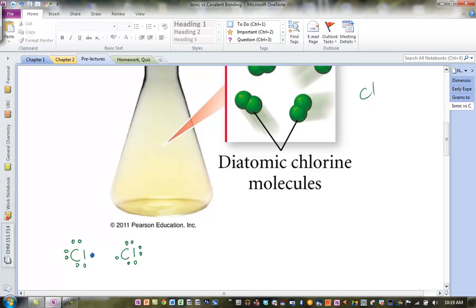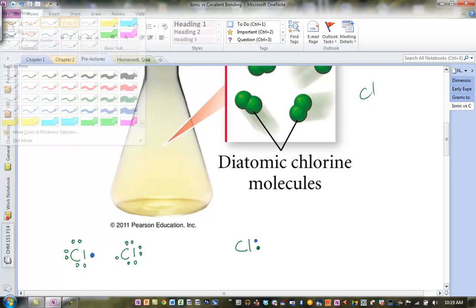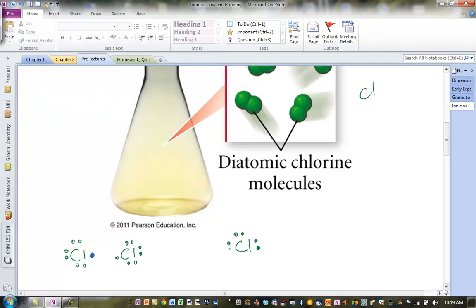So what happens in this case is the chlorine atoms are going to share electrons. And we're going to end up with something like, let me go back to green since I was dealing in green. We're going to have one electron from one of the chlorine atoms, one from the other one, shared between the two, and then all the other electrons will remain on each chlorine.